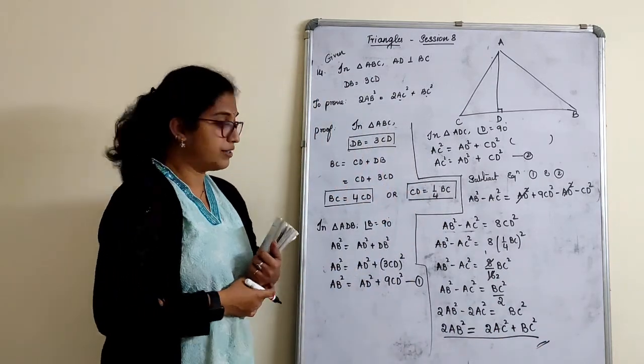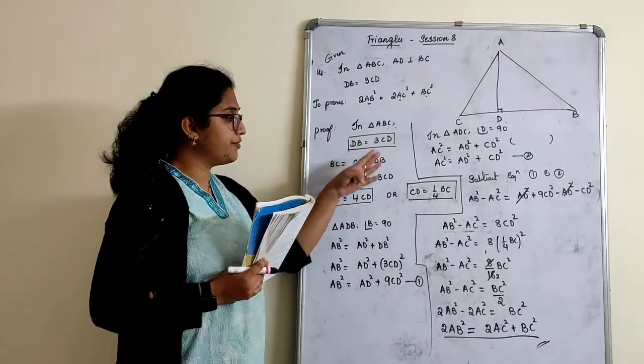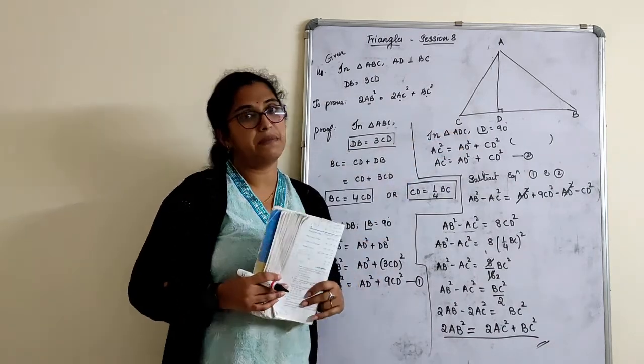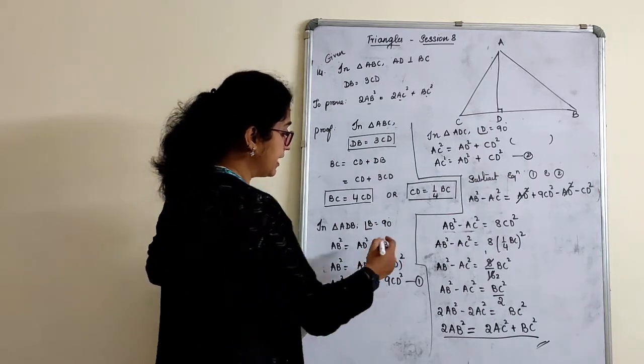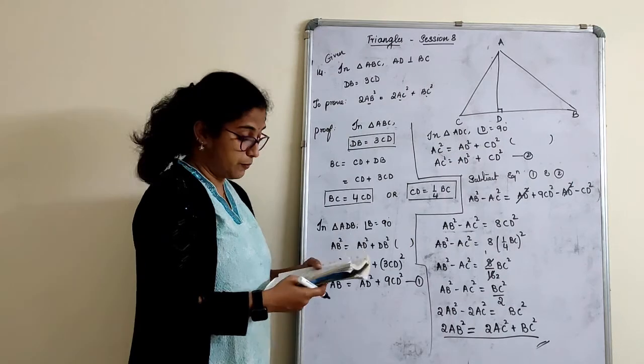Hence proved, right? So it's only substituting the values we have got in the given Pythagoras part. Please don't forget to write Pythagoras theorem everywhere.